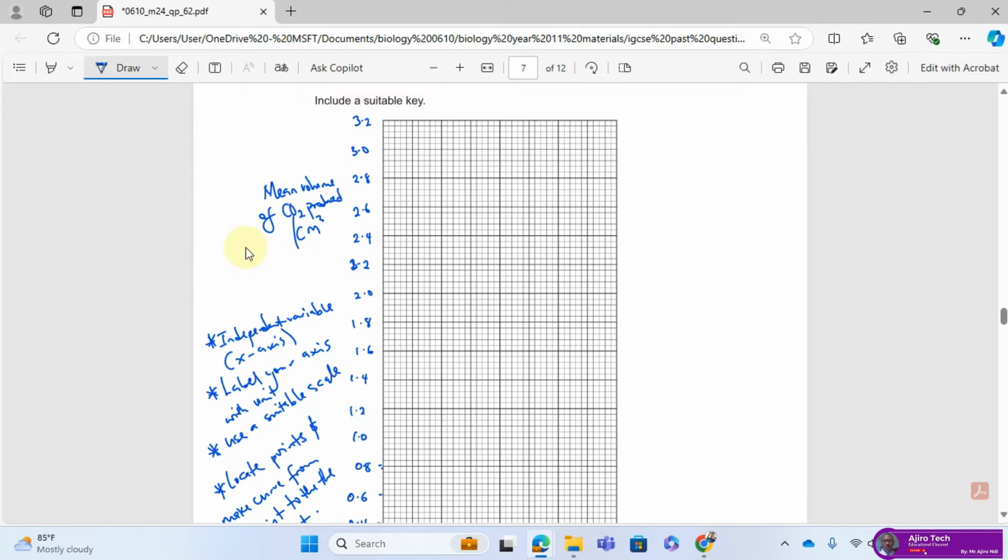So that's to say that 5 units represent 0.2.